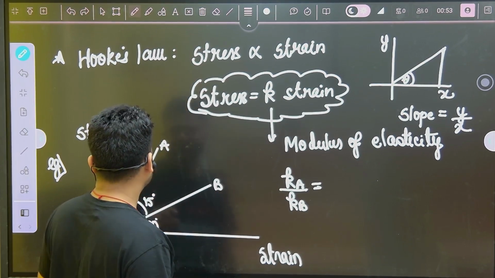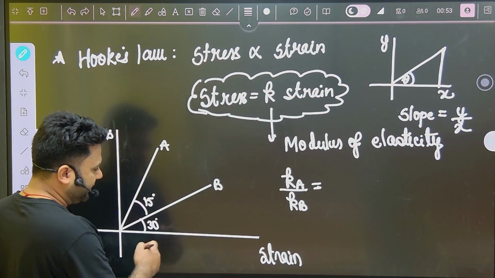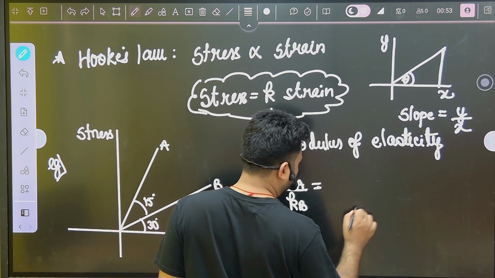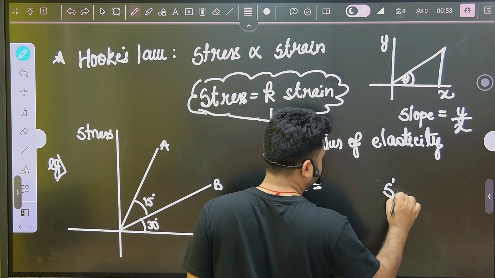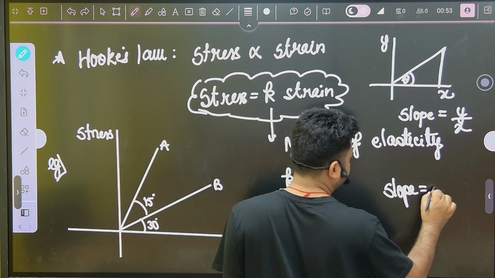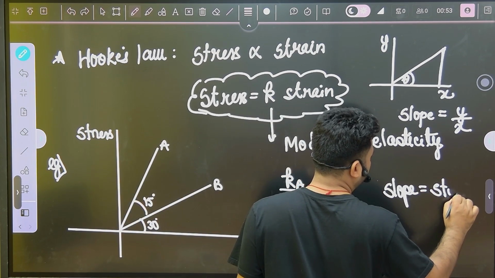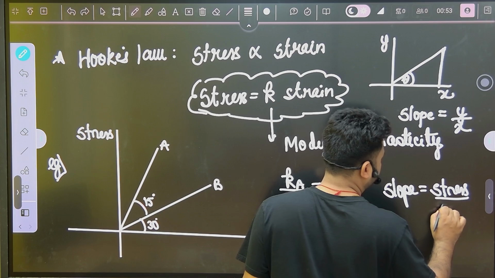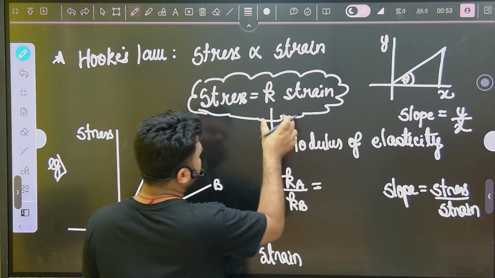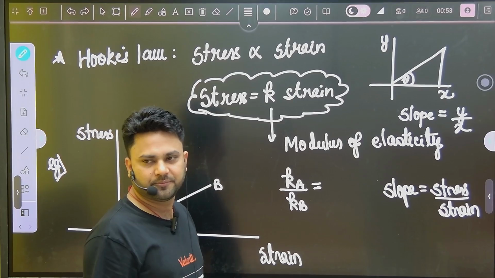So the slope of this graph will be, here in place of y we have stress and in place of x we have strain. And what is stress divided by strain? K value.